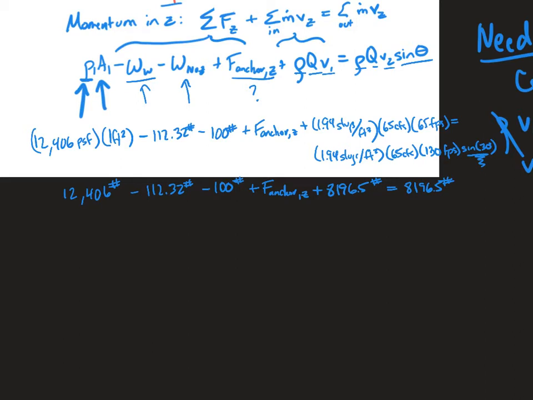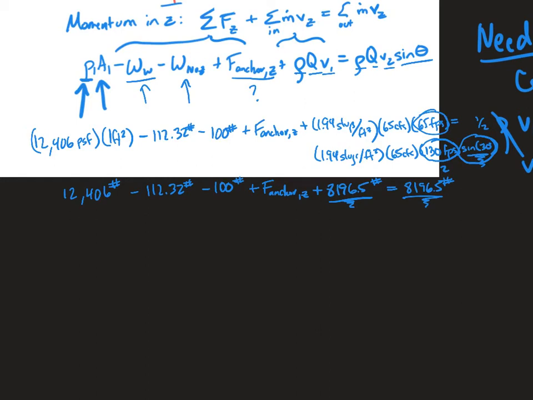we get this longer equation, and noting that the momentum terms in z cancel each other out. This is totally coincidental, and it has to do with the fact that the sine of 30 degrees is a half, and it just so happened that the velocity at the opening is twice as big as the velocity up here. So that 2 and that 1/2 cancel.